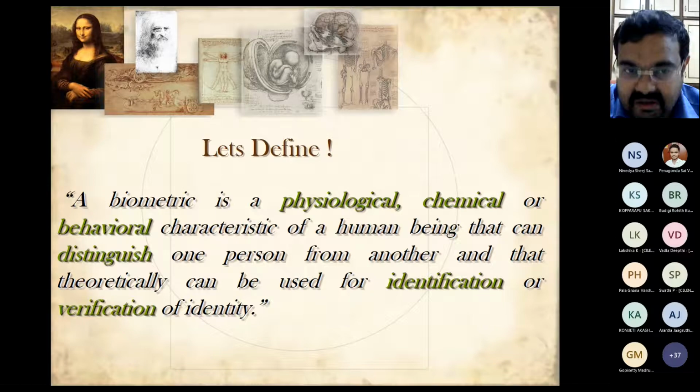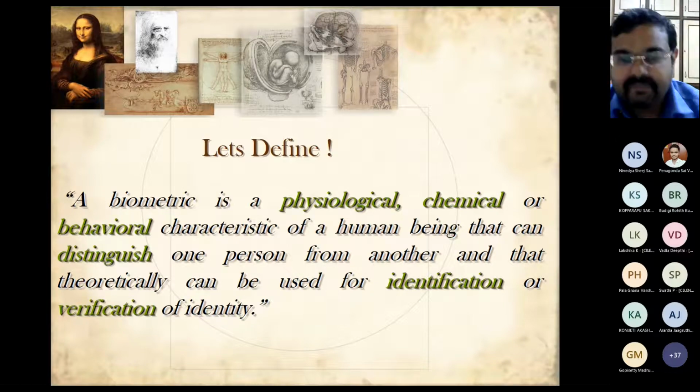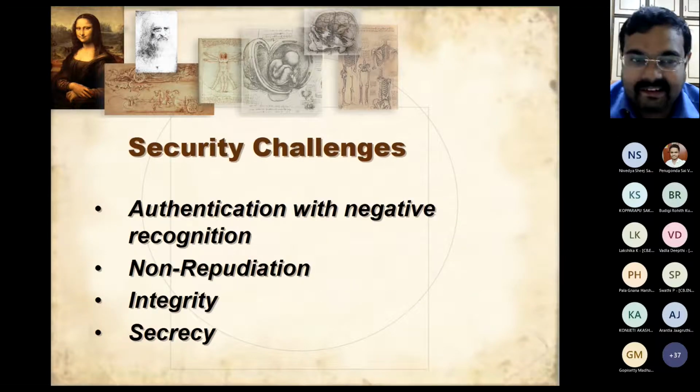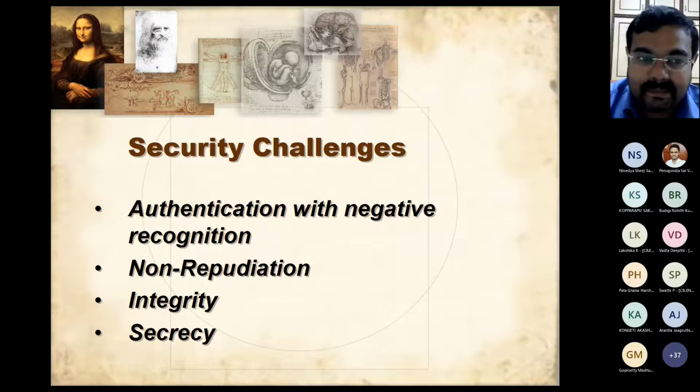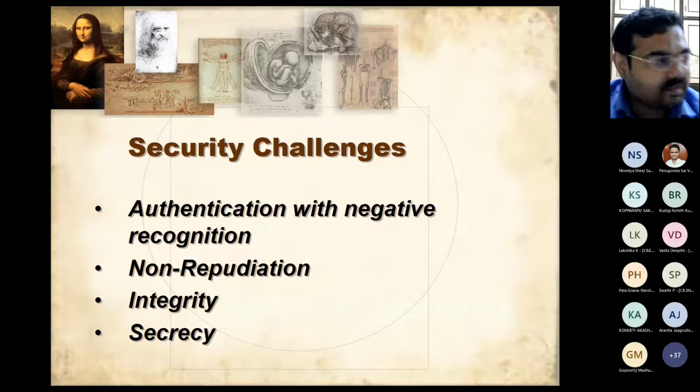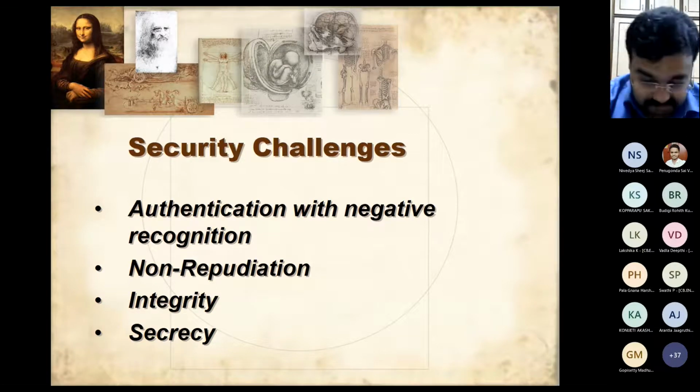We can distinguish one person from the other using these biometrics, and that is why biometrics is the best technology for authentication. Today we have so many challenges with respect to security, especially during this digital transformation.